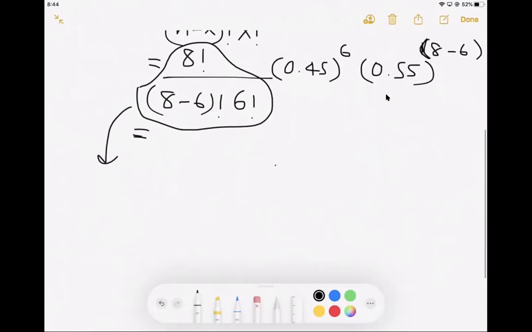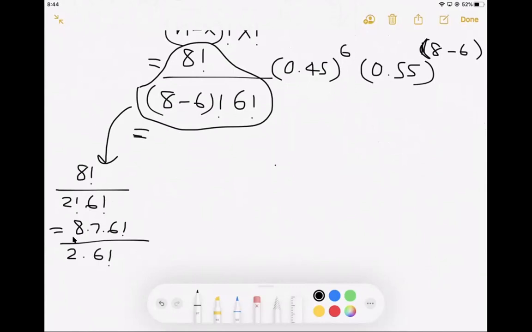Here 8 factorial, here 8 minus 6 is 2 factorial, then 6 factorial. I can write 8 factorial as 8 times 7 times 6 factorial. Got it? Then we can cut that 6 factorial with this 6 factorial. That's why I wrote it like that. 2 factorial is just 2. Now you can cut these two.